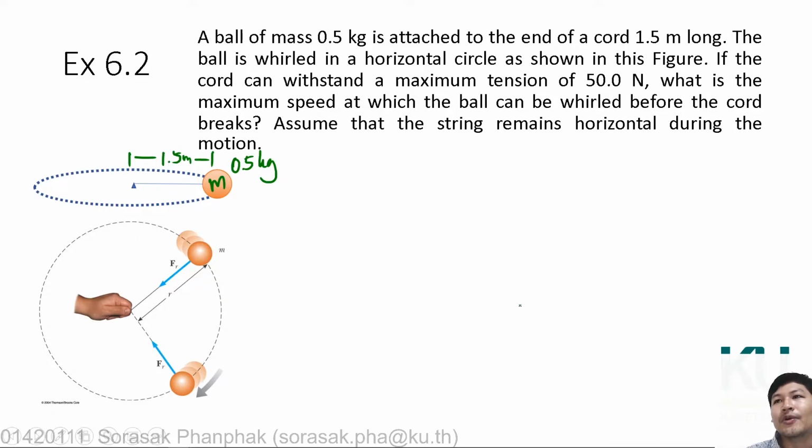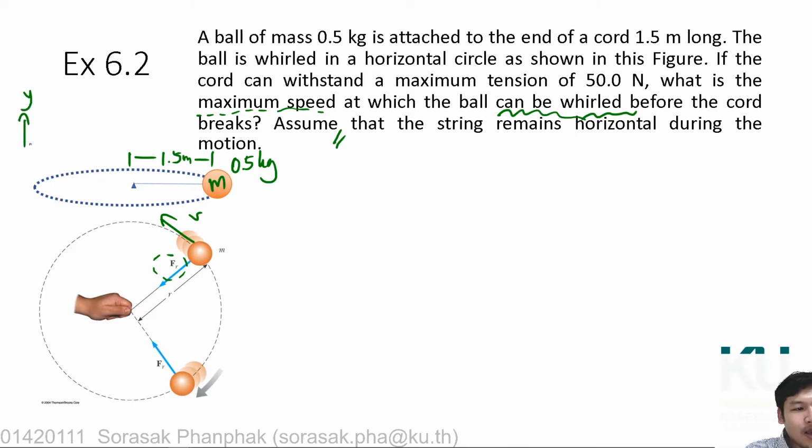If you would like to determine the velocity here as well, what is the maximum speed at which the ball can be whirled before the cord breaks? So it's like the critical tension, right? You have to determine the v that is large enough so that this can still remain. So look at the assumption that the string remains horizontal during the motion. This only happens in the horizontal plane.